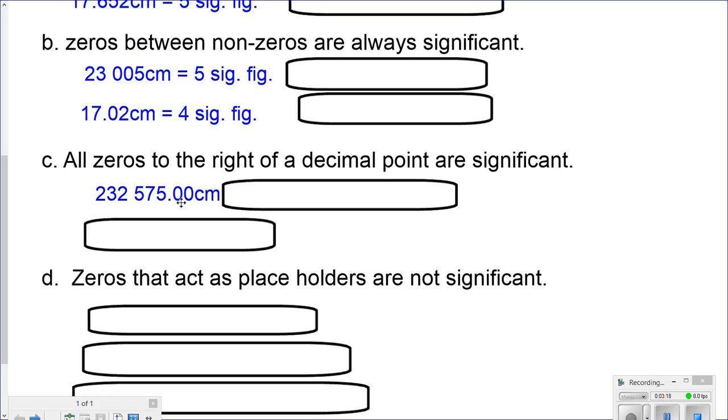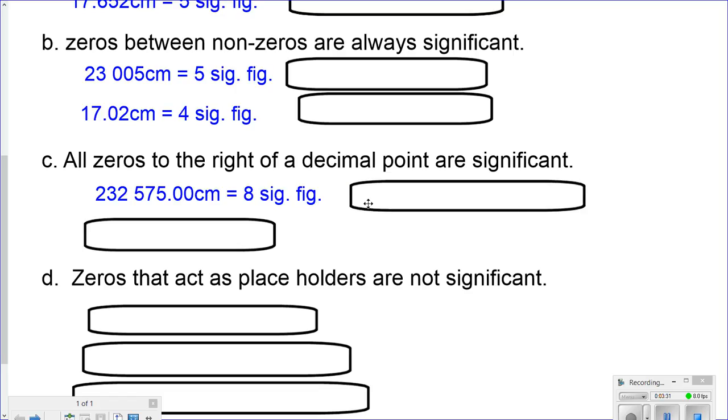These zeros are after, or to the right of, the decimal point. Therefore, these two zeros are significant. And I have 1, 2, 3, 4, 5, 6, 7, 8 significant figures. Because these zeros, although they're zeros, are placeholders and they do count as significant figures.